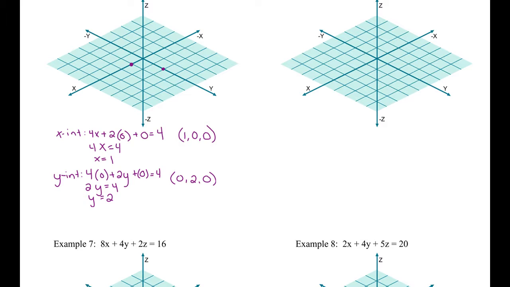And lastly, I need to find the z-intercept. For this one, I'm going to plug in 0 for x, and I'm going to plug in 0 for y. This one simplifies to z equals 4. So this is the ordered triple 0, 0, 4.